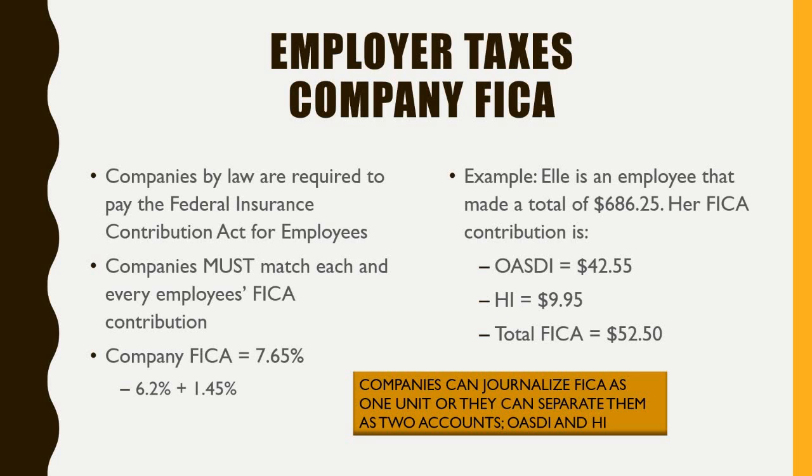So she earned a grand total of $686.25, based on gross pay, before the taxes. That is the total we use to calculate Social Security and Medicare, which we've already done separately. Social Security was $42.55. Medicare was $9.95. Therefore, total FICA for the company to match and pay is $52.50.